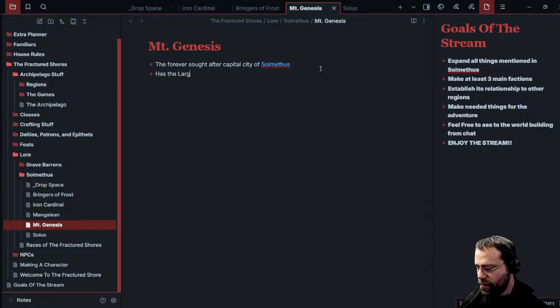Forever sought after capital city of Solmethus. Has the largest population of about 43,000 people, which for a D&D city doesn't sound like a lot, but for a region that only has about 206,000 people living in it, having nearly a quarter of the population live there, this is a very big city.